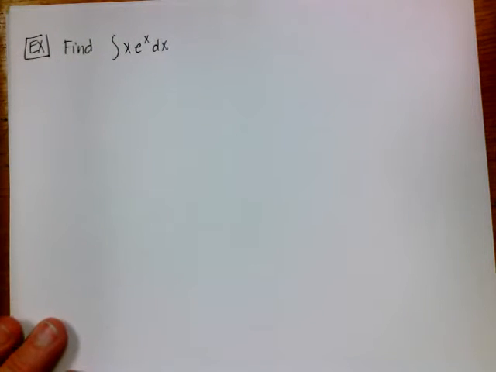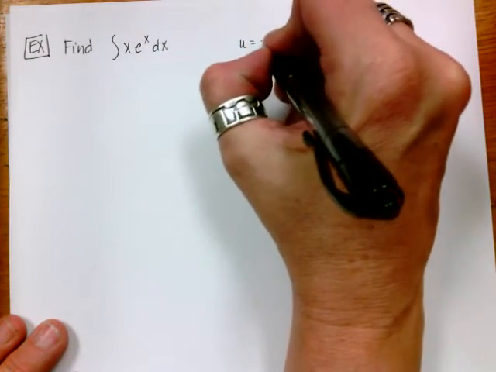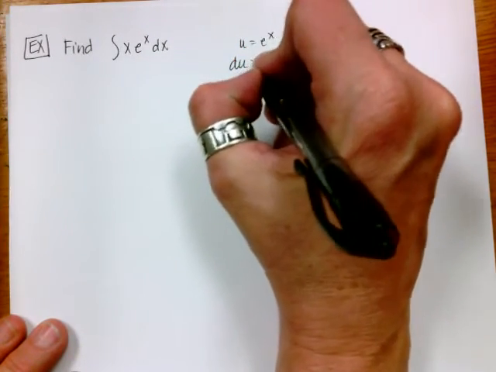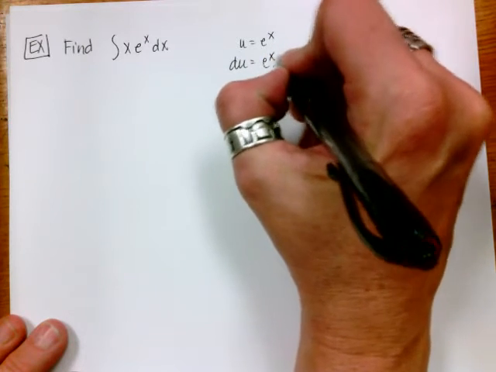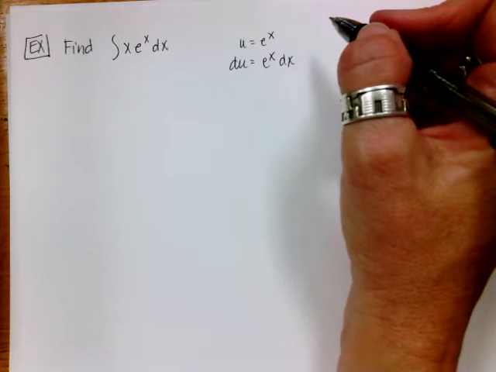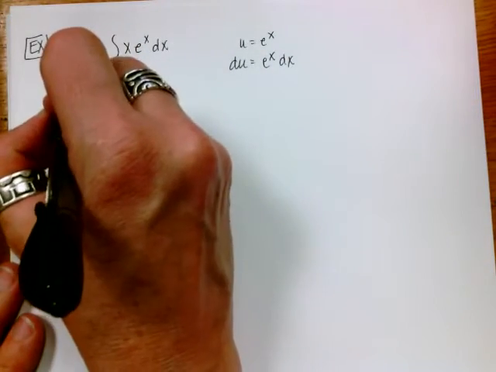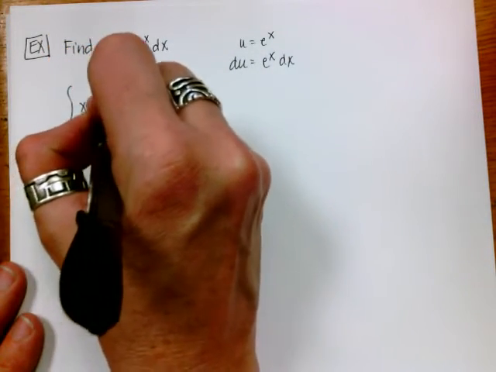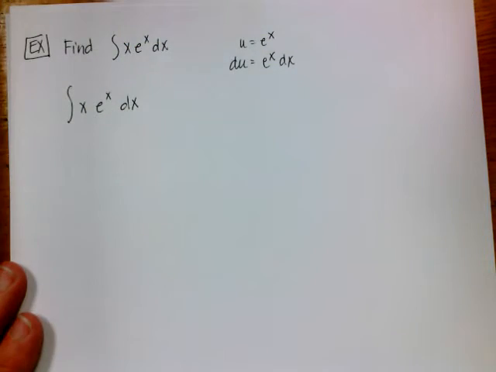So let's just say we attempted our normal u substitution. So if I let u equal e to the x, then du is e to the x dx. Well, that wasn't too helpful. But what if I rewrote my integral, and I'm going to make it a little bit bigger so I can delineate some of the pieces.